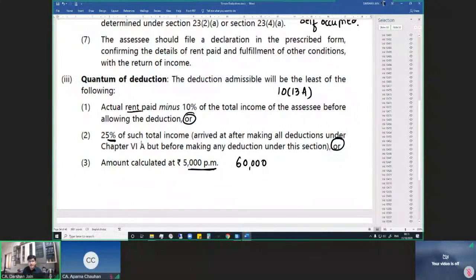And we're talking of 25% of total income, right? If you recollect HRA under 10(13A), it is 50% of salary or 40% of salary. So 50% and 40% limits have been provided in case of HRA. Here that limit is only 25% of the total income.